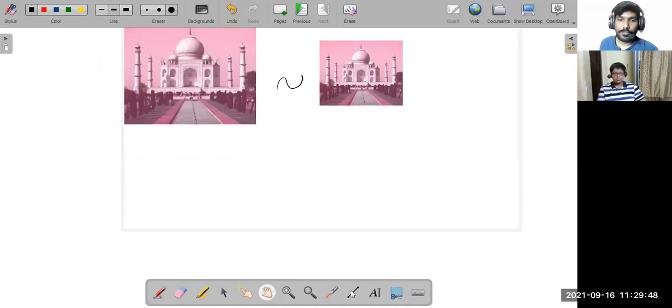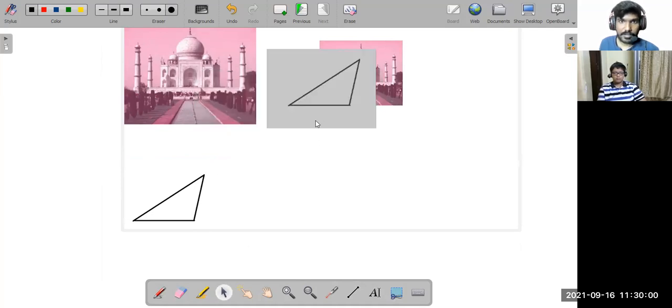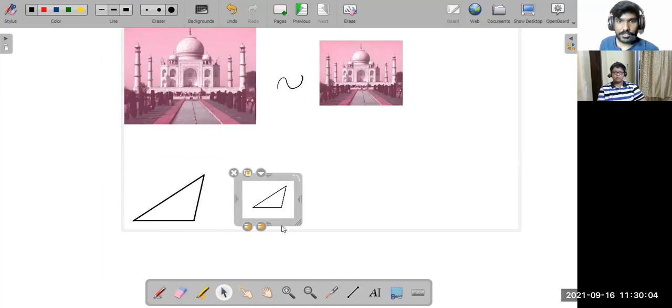Understand this with the help of a triangle. So here, look at these two triangles. One triangle is big, one triangle is small in size.